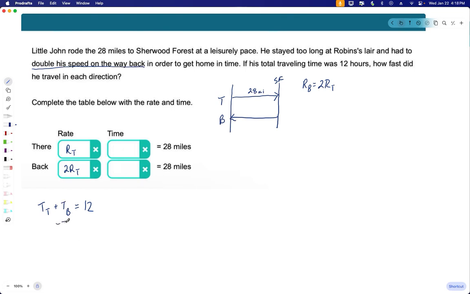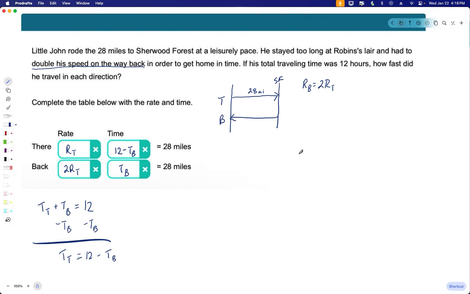So we can subtract time back from both sides, and we find the time there is equal to 12 minus the time back, which makes total sense. We don't know what the time back is, we just know the total time is 12.